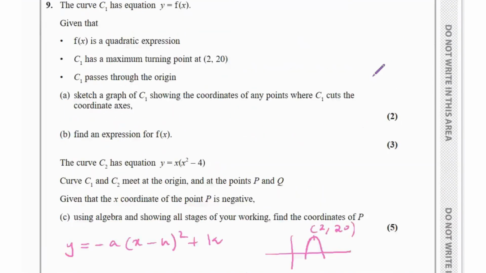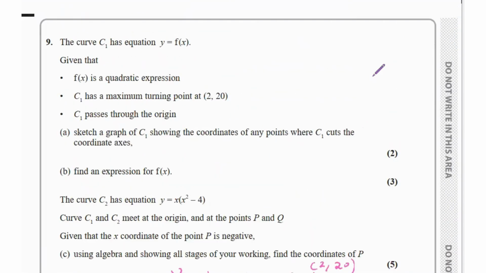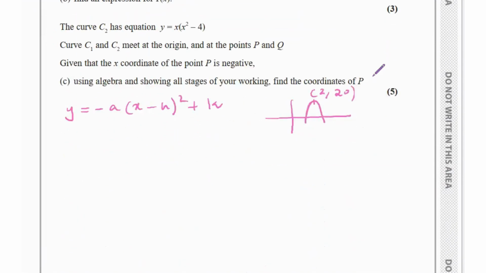According to the question, it passes through the origin. So this is our curve. We know that h and k are 2 and 20, so y equals negative a times (x minus 2) squared plus 20.